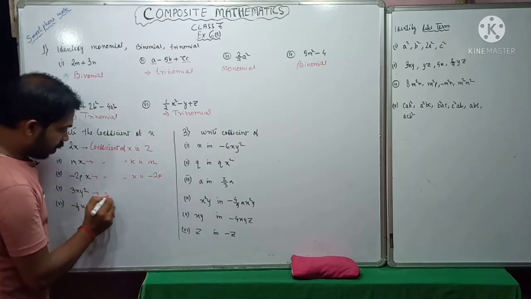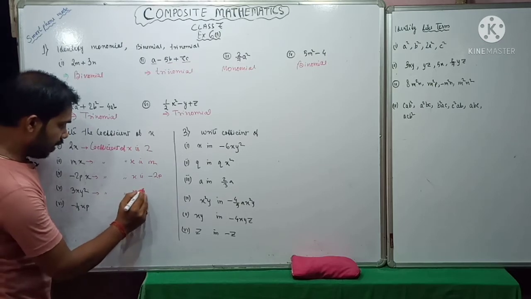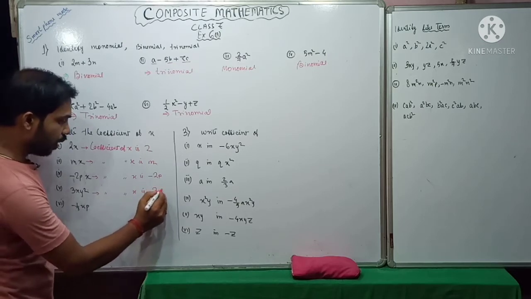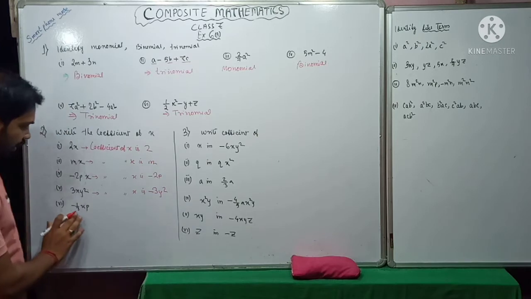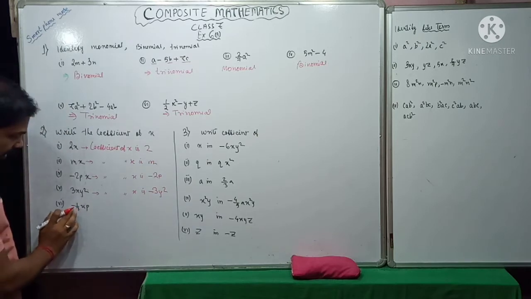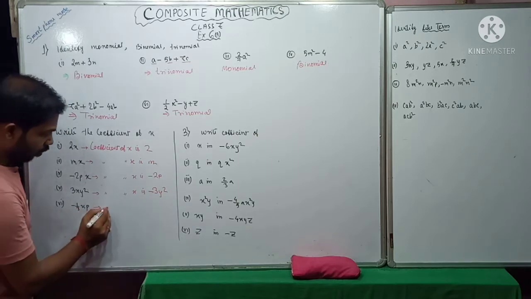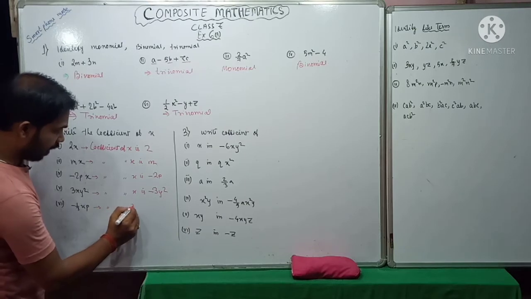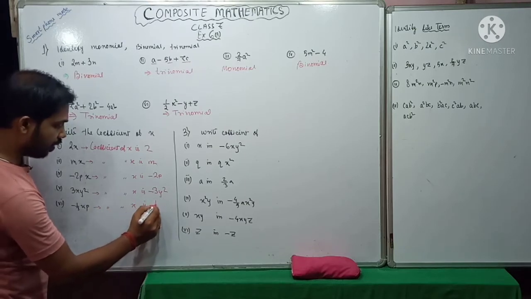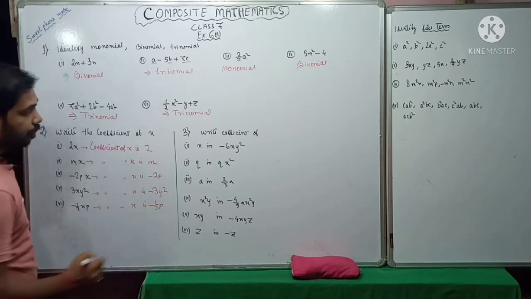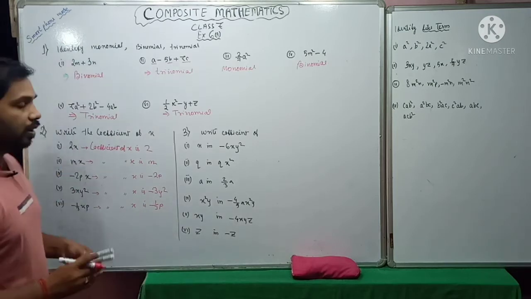So the coefficient of x is 3y square. Here you see, apart from x, minus 1 by 3 and p are present. So the coefficient of x is minus 1 by 3 p. So we have completed question number 2.